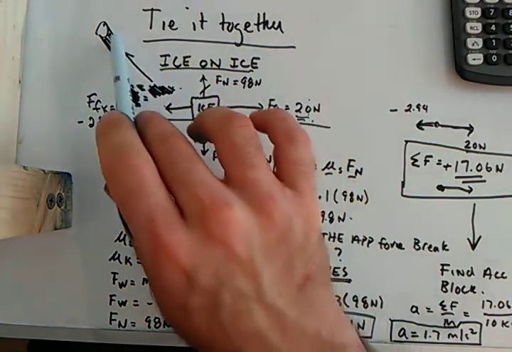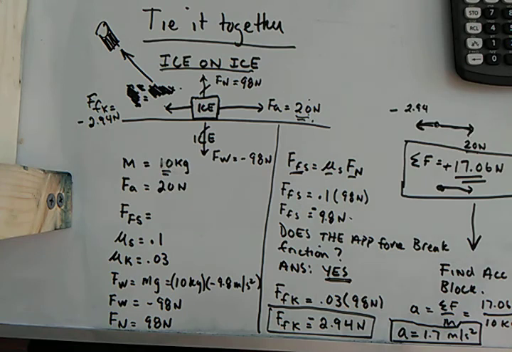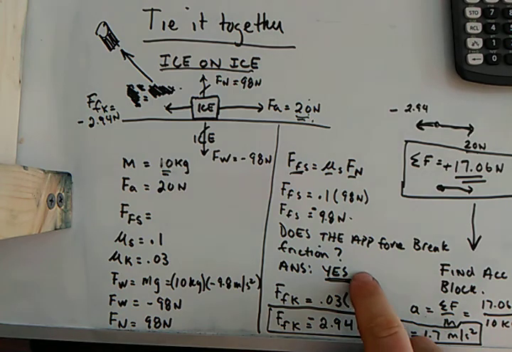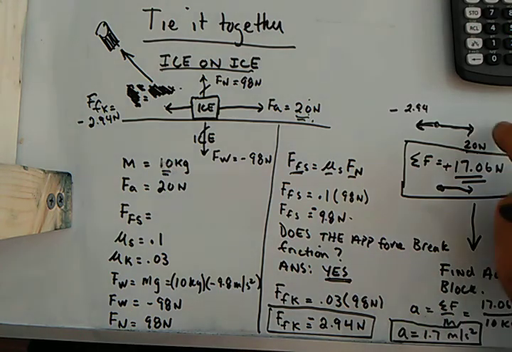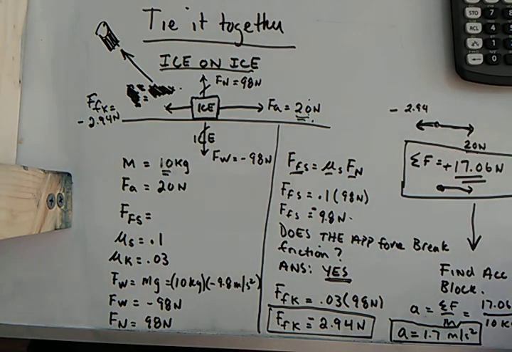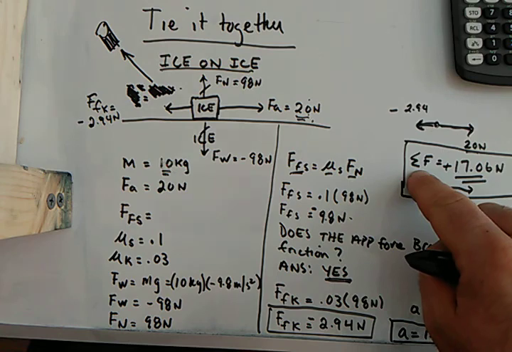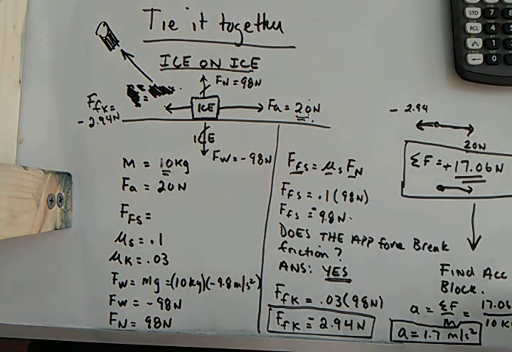And then I drew a trash can to show that you trash the static force once it's moving, because it's not static force anymore, it's kinetic force. So once we know that it breaks friction, the answer is yes, it breaks friction. Then we calculate the kinetic force of friction. We apply it to a new free body diagram, and then we calculate the net force. After the net force is calculated, then we can calculate the acceleration. All right?